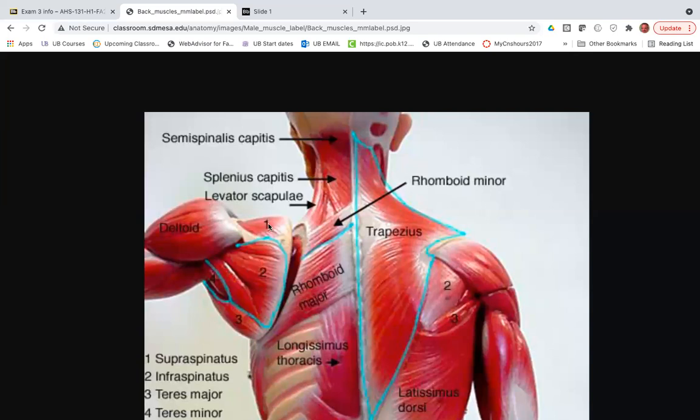Now, supraspinatus and infraspinatus are two of the 4 rotator cuff muscles. There are 2 more rotator cuff muscles. One of them is this one right here, number 4, which is the teres minor.